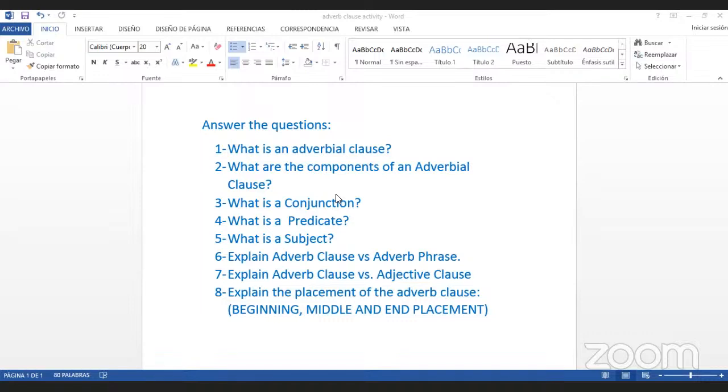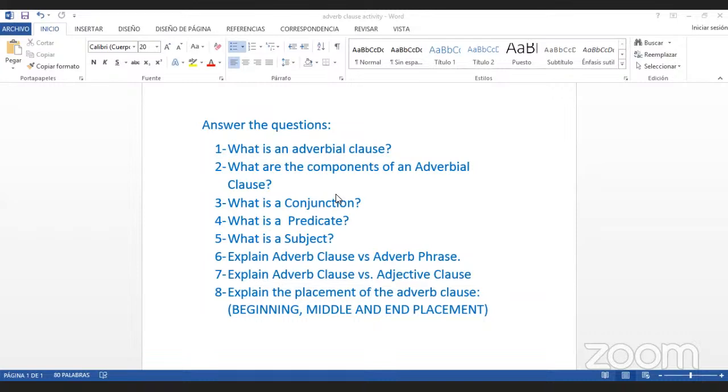Okay, and the two different cases: adverb clause versus adverb phrase. The main important thing between the two different cases is that the clause is similar, but not the same in this case, as an adverbial phrase.